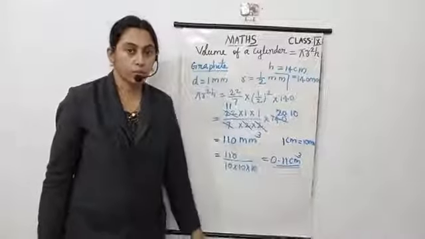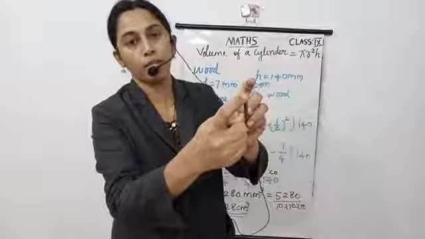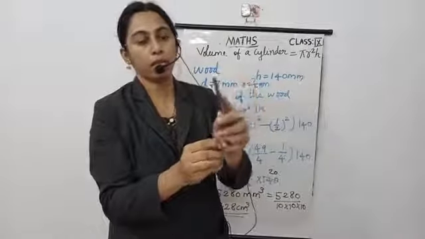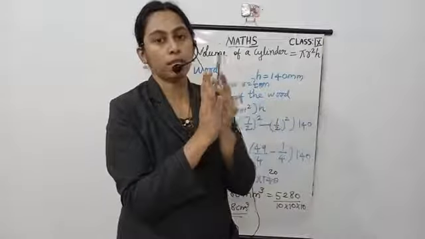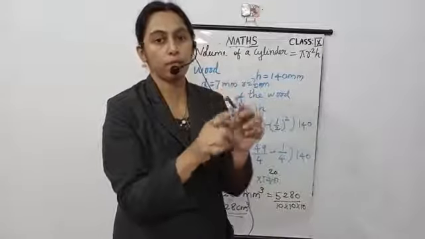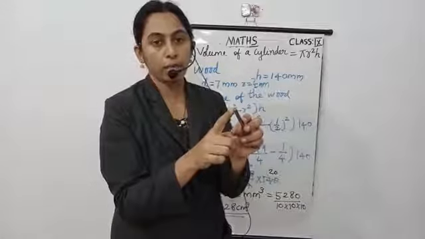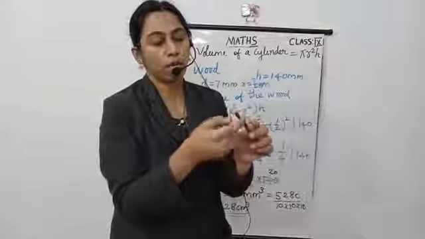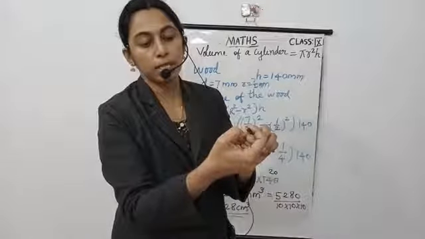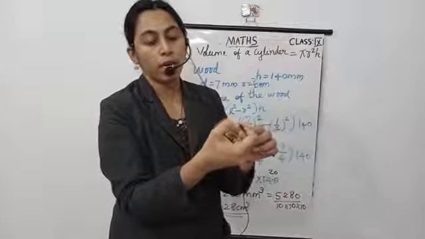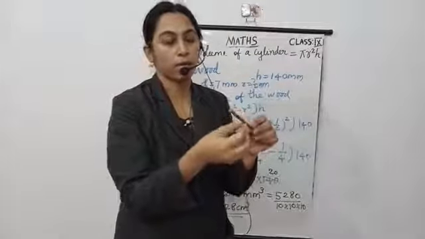So first we found the graphite's volume, the inside portion. Now we need to find the volume of the pencil's wood. The pencil's diameter is 7 millimeter, so its radius is 7 by 2 millimeter. But we need to subtract the graphite's measurement, the graphite radius from the pencil's radius.